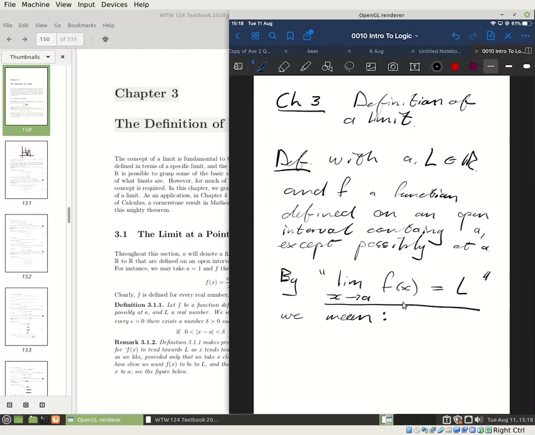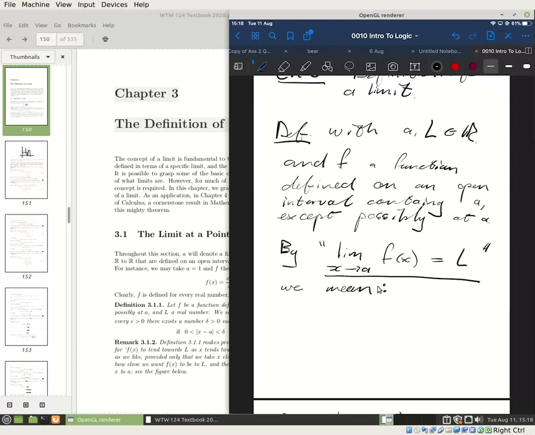By the limit as x tends to a of f of x equals L, we mean the following. And what I will write down now is the definition of a limit, and you must memorize it.